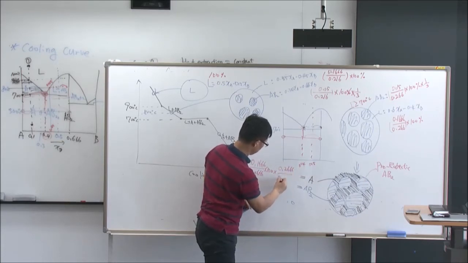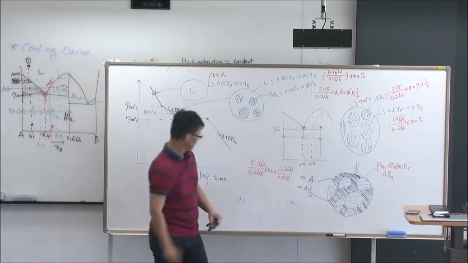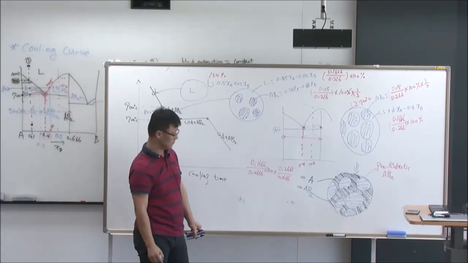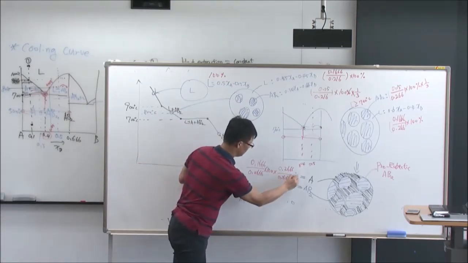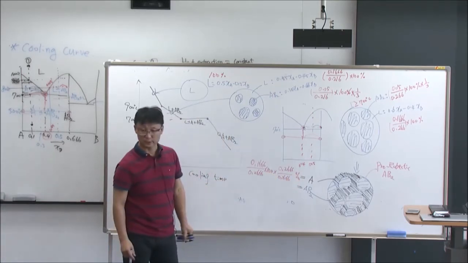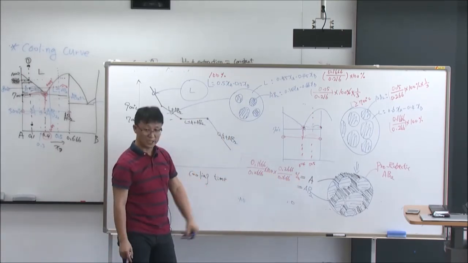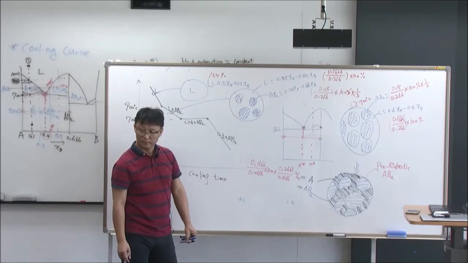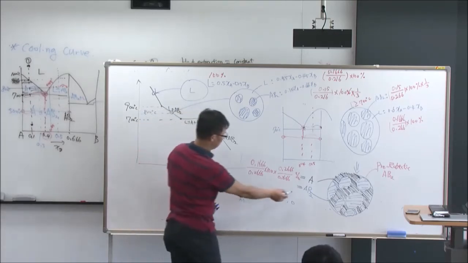0.2666 divided by 0.666. That's the amount of A phase, in percent, because we already multiplied by 100 for the percent here. So this is the amount of A phase. Okay? Amount of AB2 phase.